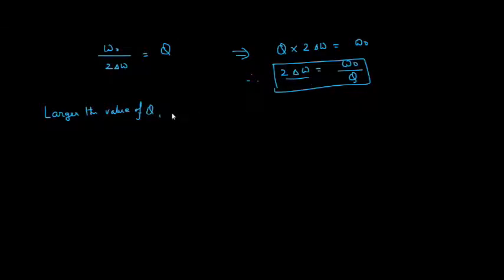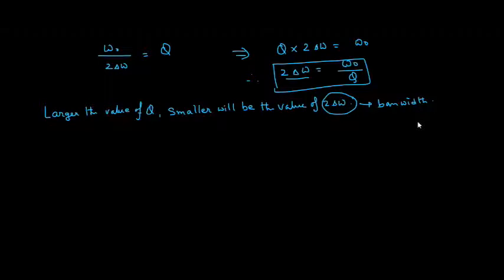So simple thing, smaller will be the value of 2 delta omega. 2 delta omega is also called bandwidth, which we learned a few minutes back.